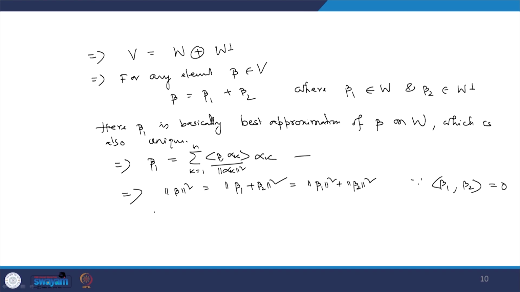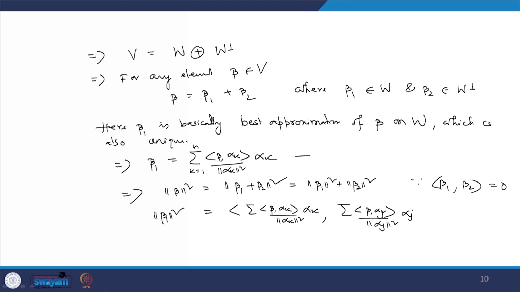Norm of beta 1 squared is nothing but the inner product of the sum of beta alpha k by norm of alpha k squared times alpha k, and the sum of beta alpha j by norm of alpha j squared times alpha j.